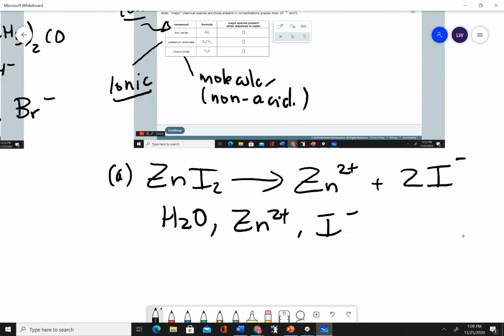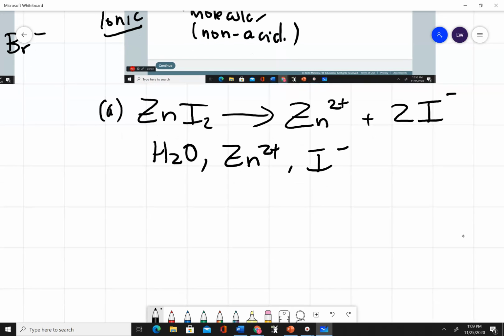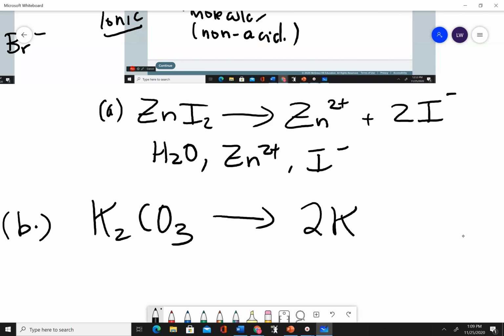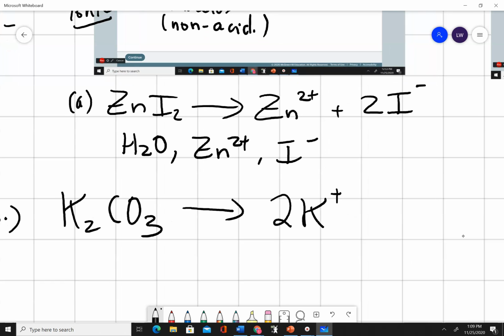Okay, our next species is potassium carbonate, and it is also ionic. Now it's an ionic compound, and we can see, because we've got more than one non-metal there, that it involves a polyatomic ion. Remember what I said, don't dissociate the atoms that make up the polyatomic ion.